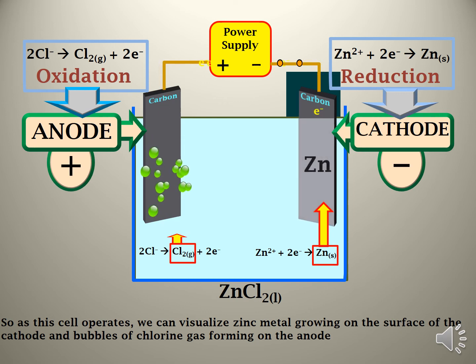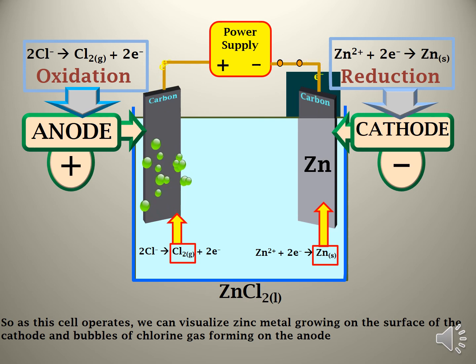So as this cell operates, we can visualize zinc metal growing on the surface of the cathode. All the zinc ions are going towards the cathode, so they will gain electrons and convert into zinc metal and get deposited on that cathode.